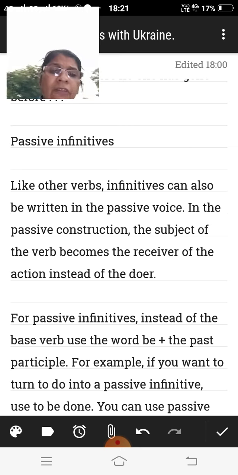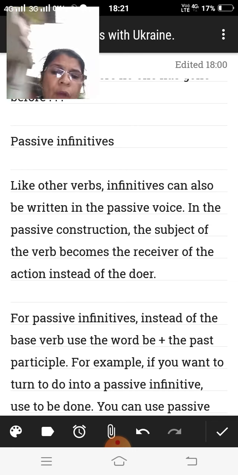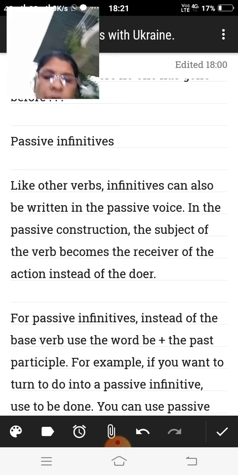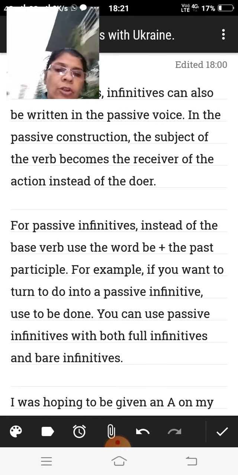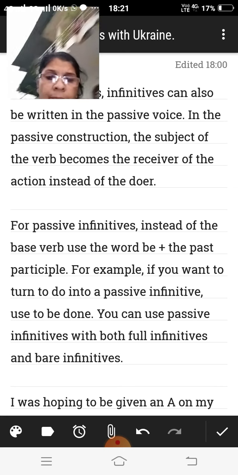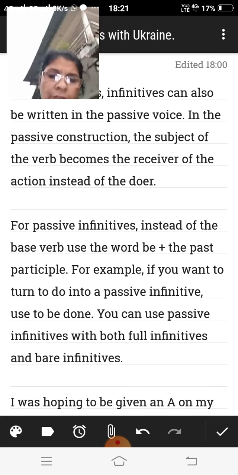For passive infinitives, instead of the base verb, use the word be plus the past participle. For example, if you want to turn to do into a passive infinitive, use to be done. You can use passive infinitives with both full infinitives and bare infinitives.